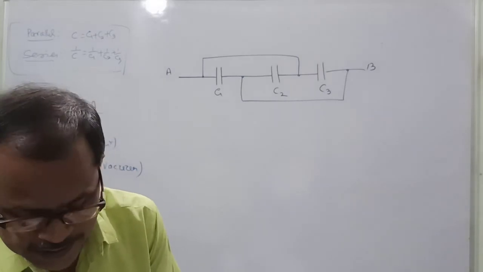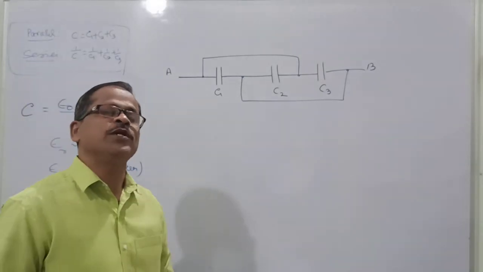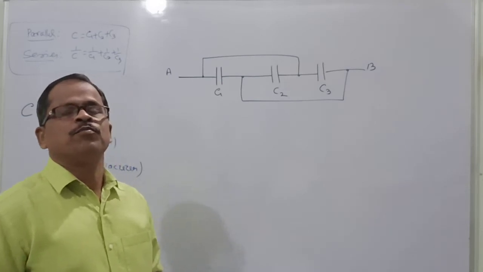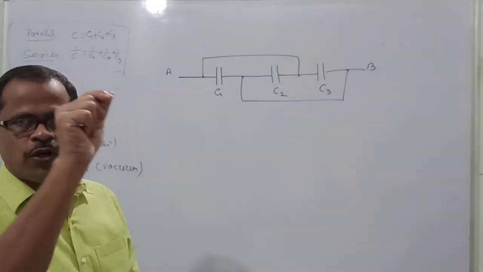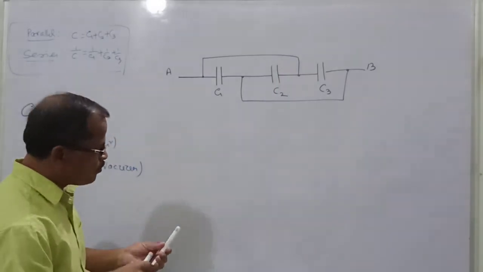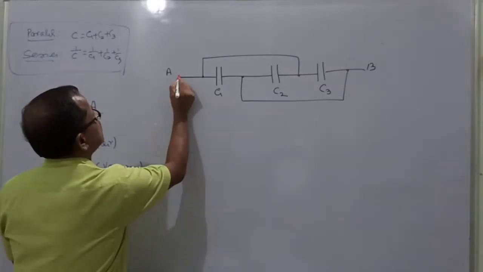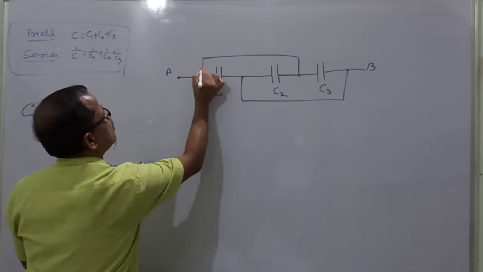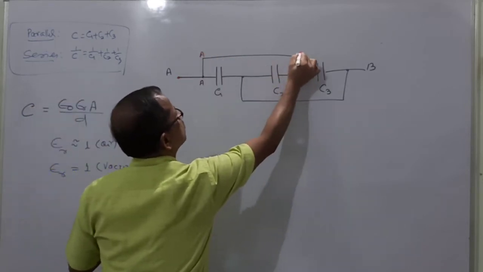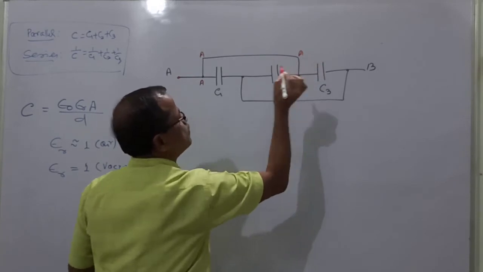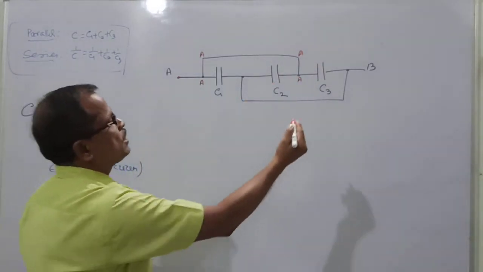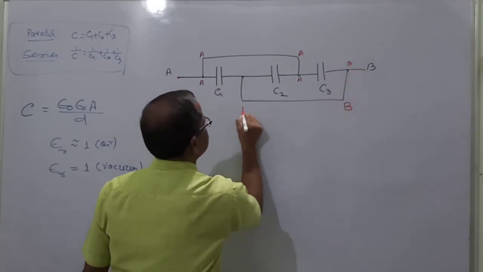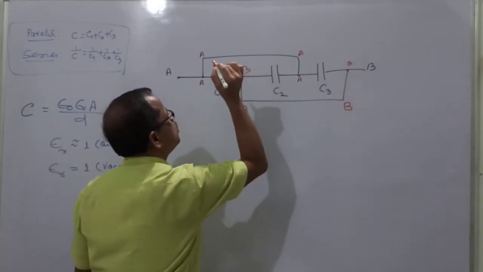Recall what I have explained: if two points are connected by a conductor, then the potential of all the points in this conductor will be the same. So this point is A, so this point is also A because of the conductor. This is A, this is A. Now this point is B, so this is also B. This is also B, this point is also B.